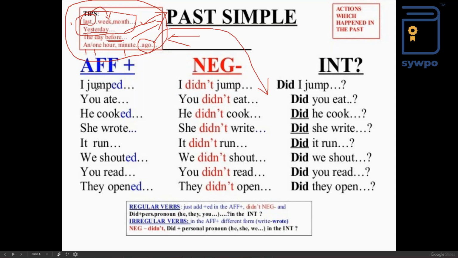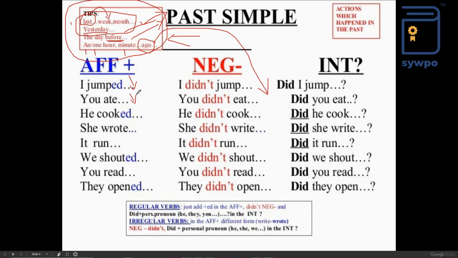So I jumped an hour ago, I jumped a minute ago, I jumped 2 months ago. Yesterday, I jumped yesterday. Last, you ate last month, you ate last hour, you ate last year.